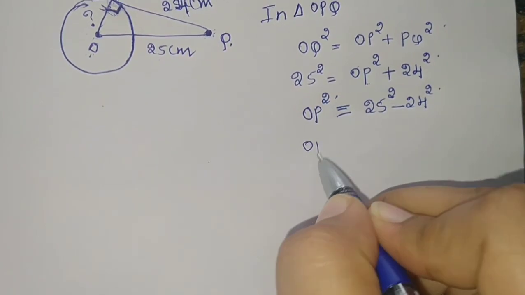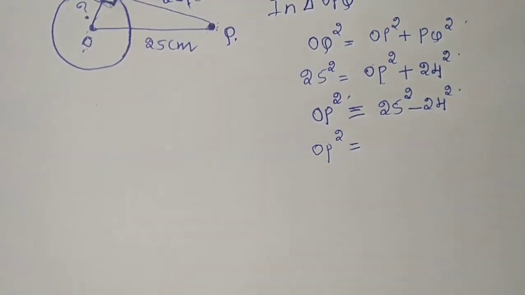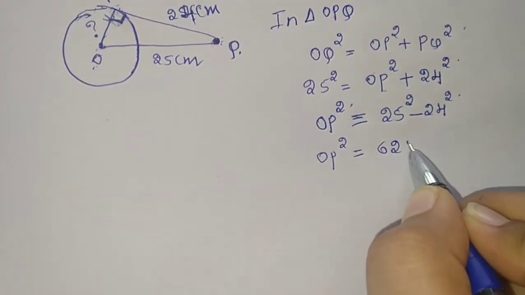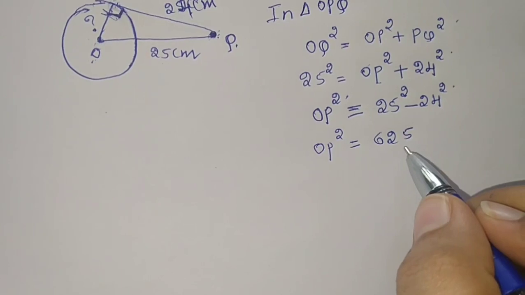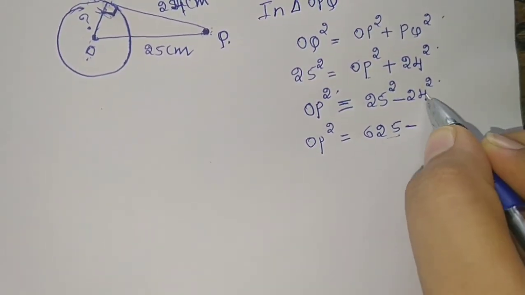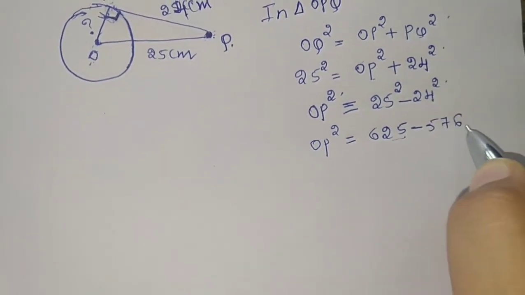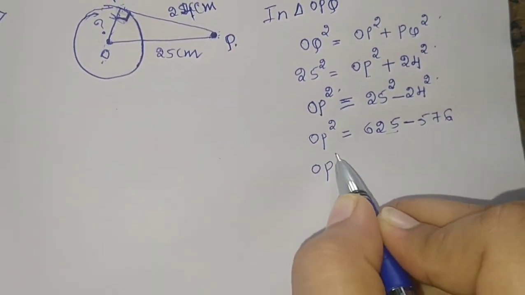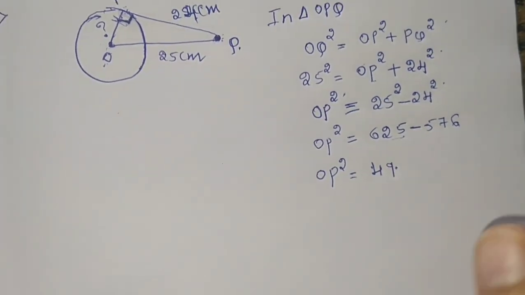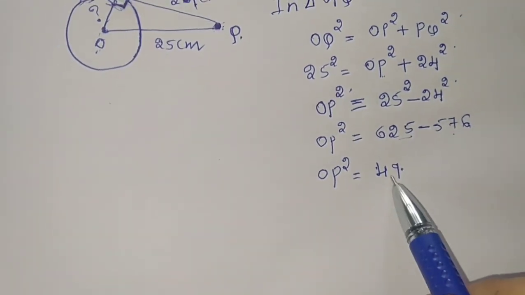Now OP square will be equal to 25 square minus 24 square. 25 square is 25 into 25, the value of that is 625. 24 square is 24 into 24, the value of that is 576. So OP square will be equal to 625 minus 576, you are getting 49.